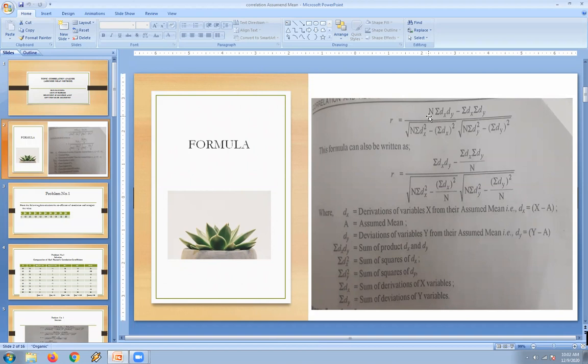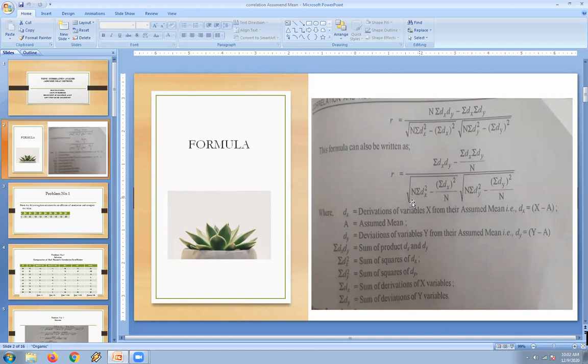In the first formula we do not have the n in the first place, but in the second formula we do. So be particular about any one formula. Don't get confused.